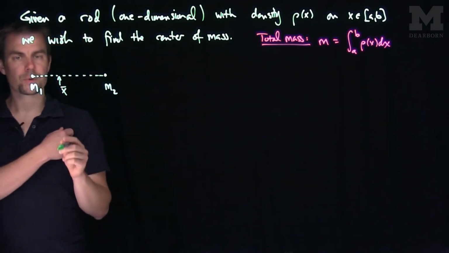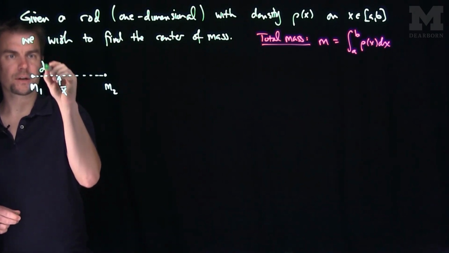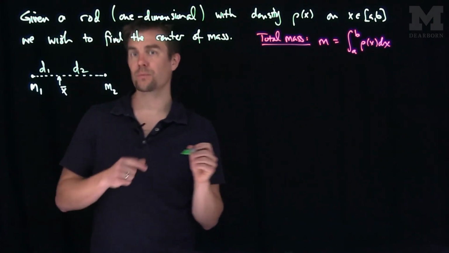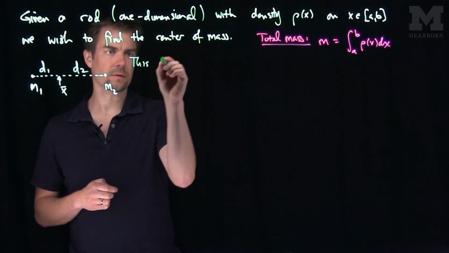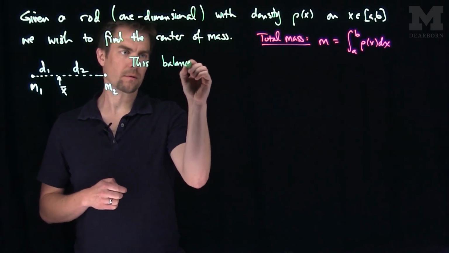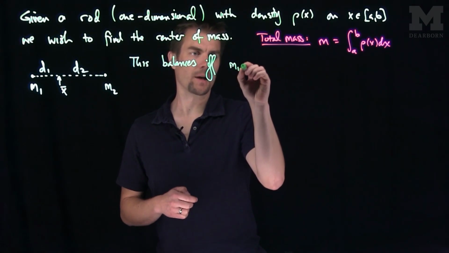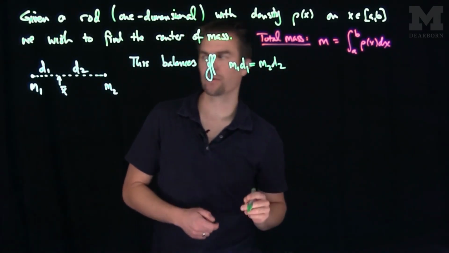And in order for this to balance, if I call this distance d1 and this distance d2, this system will balance. This will be a fulcrum point. This balances if and only if m1 times d1 is equal to m2 times d2.